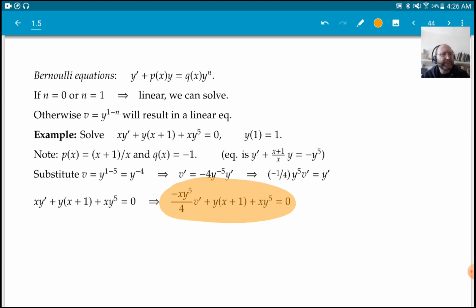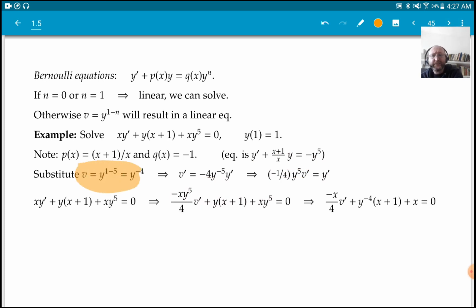Notice I still haven't done the y's. I've only replaced the y prime, using this equation over here, with v prime. Now we have to do the complete substitution, so we have to completely get rid of the y's and get an equation in just the v's. Well, that's easy.